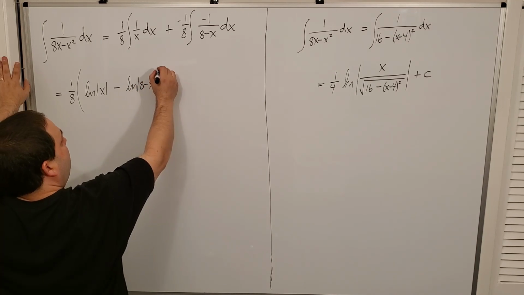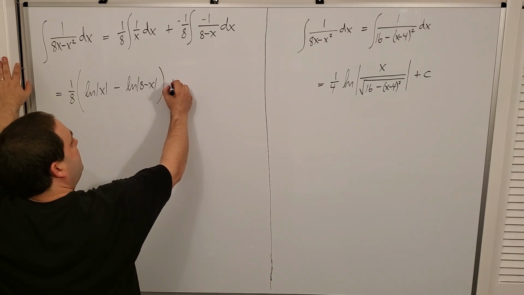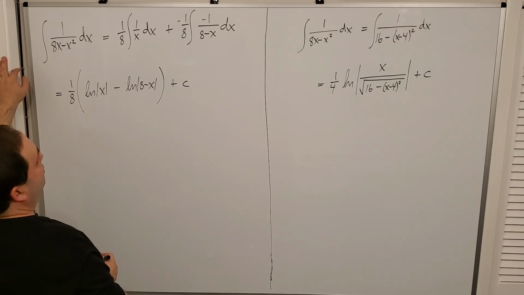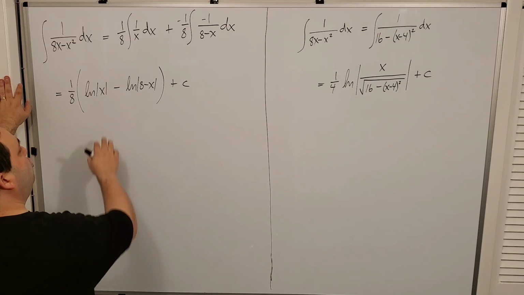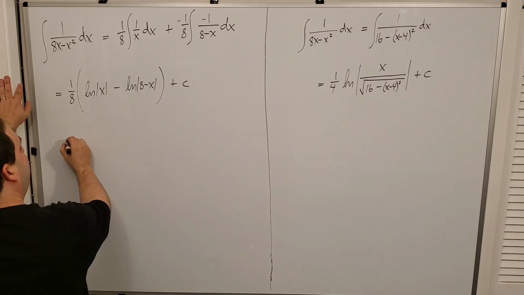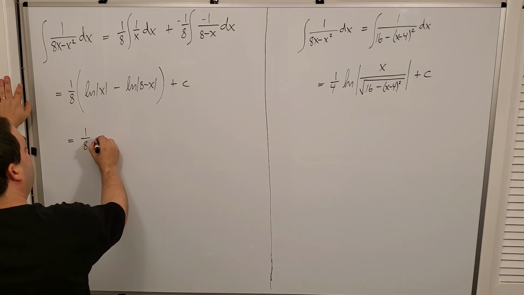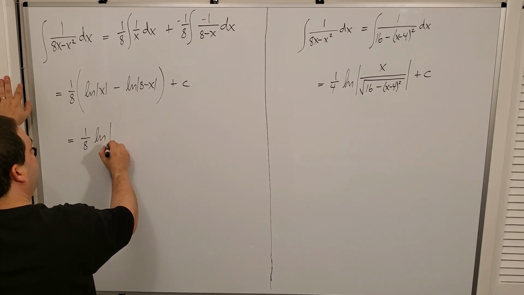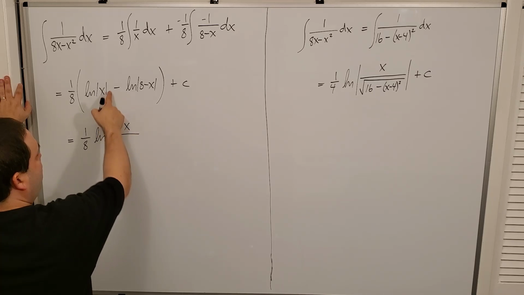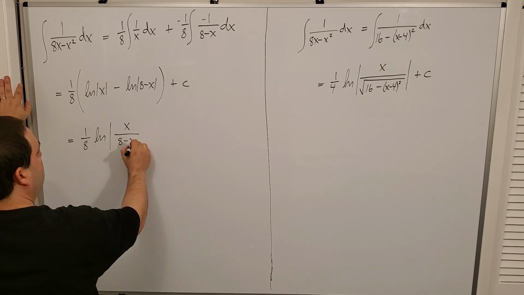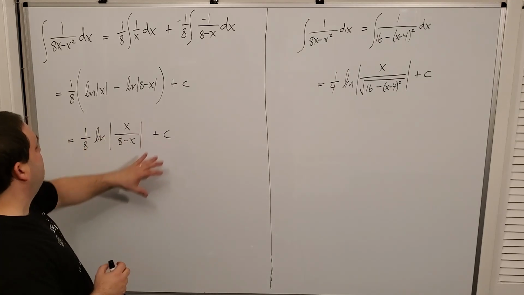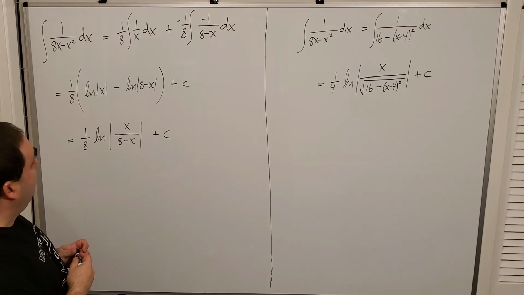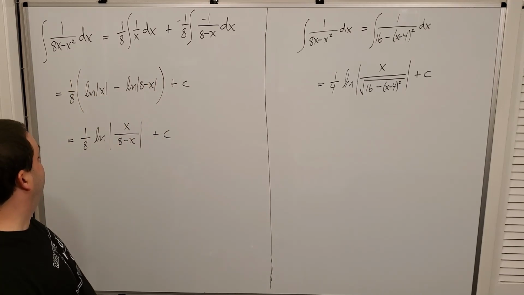And then the antiderivative will be ln plus C. To make this more concise, one other thing you could do is bring these two together in one function like this. Since it's a subtraction, you get division, like so. And this is a good place to leave your answer, although technically you could have left it here also.